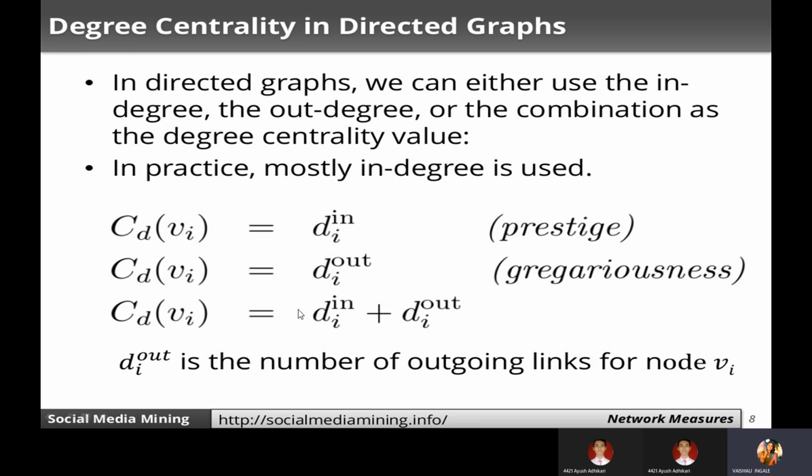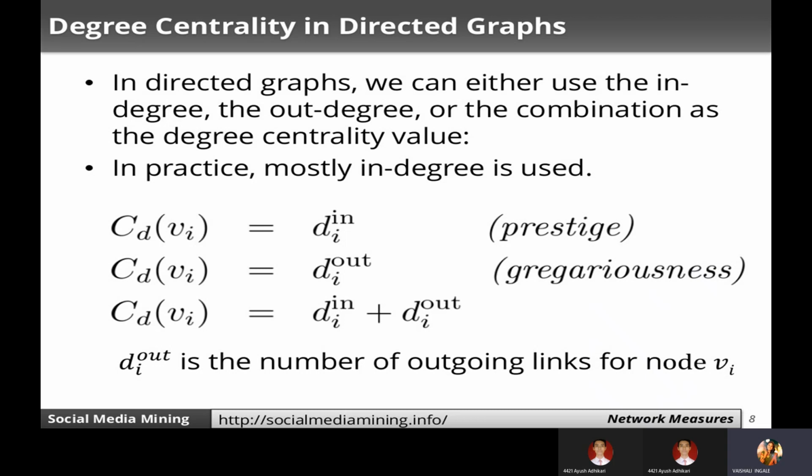Mostly the in degree is used as prestige. It is the prestige, meaning the number of people who want to be my friend. So CD of Vi will be the in degree of that particular ith vertex, and that will be the prestige of that vertex. Now the out degree of Vi will be denoted by di of out, and that indicates gregariousness, meaning how friendly a particular user is.